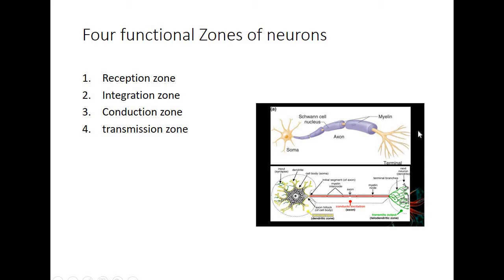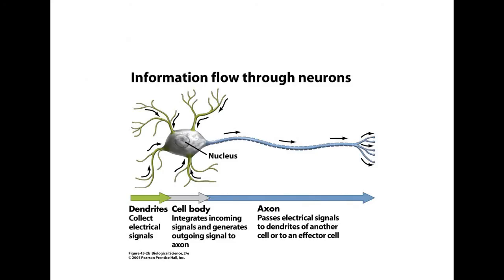The signal will be transmitted to the next adjacent neuron in series. Collection of the signal, the function of the dendrites, forms the reception zone. The cell body integrates the incoming signals and generates the outgoing signal to the axon, and the axon conducts the impulse all the way to the nerve terminal.